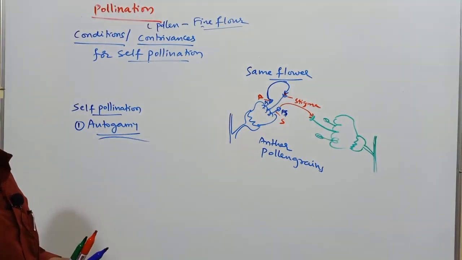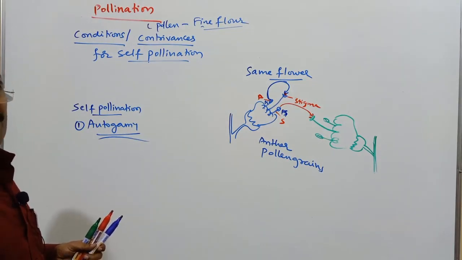What are the conditions or contrivances for self-pollination or autogamy?